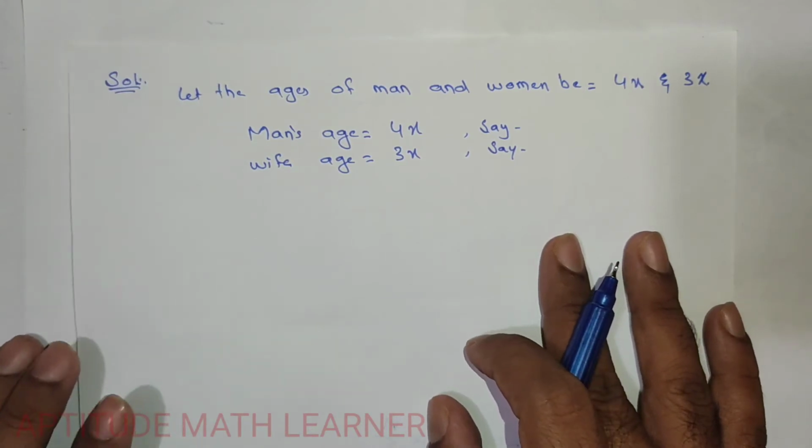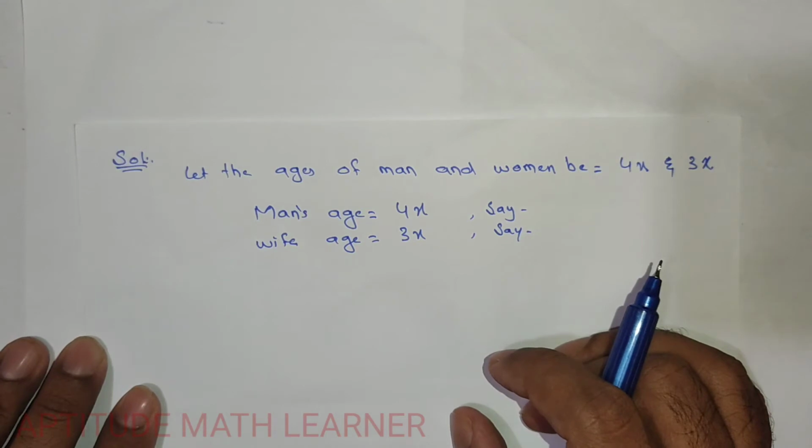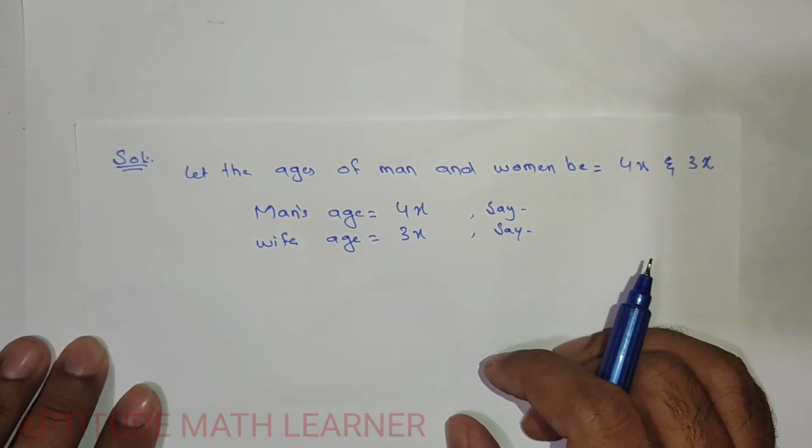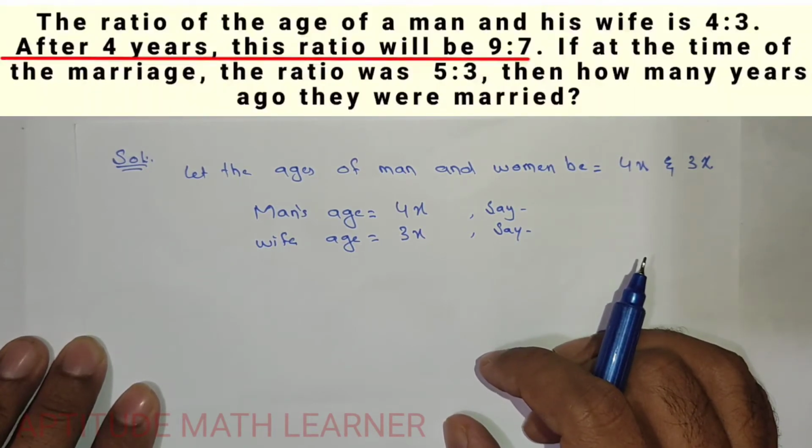If you look at the question, we have been given the original ages of the man and his wife only in the ratio, but in the next part you can see that after 4 years the ratio will be 9:7.